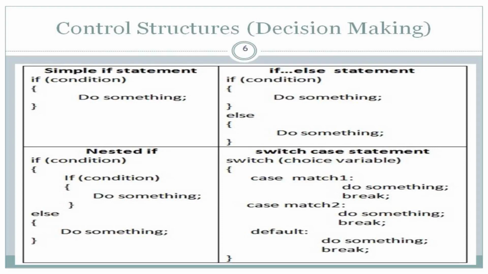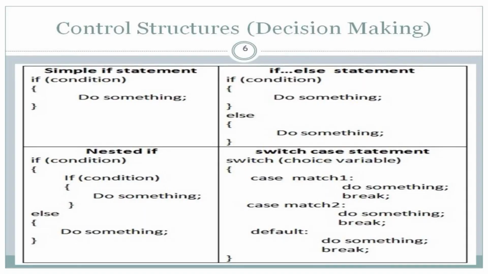Now next comes the control structures. For doing programming, we have to use some control structures. Without that, we cannot do any programming. It is divided into two parts: decision making and loop control. Decision making has various variations, like the if condition. The if also has different variations, like the simple if, in which only one condition is checked.